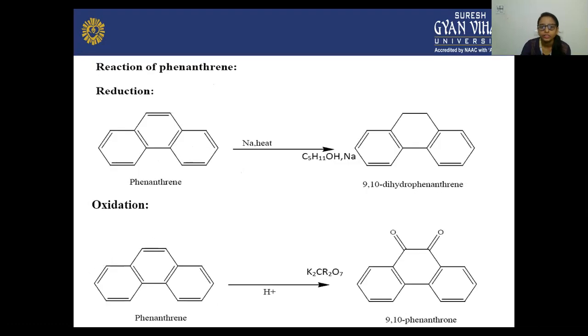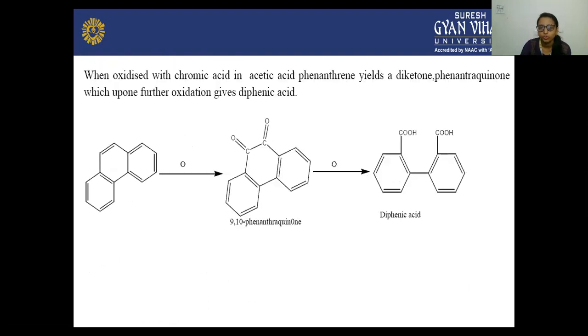Now the reactions of phenanthrene. First, reduction. When we reduce phenanthrene with sodium and heat, 9,10-dihydrophenanthrene is formed. Next, oxidation. Phenanthrene is oxidized with potassium dichromate to form 9,10-phenanthrenequinone.